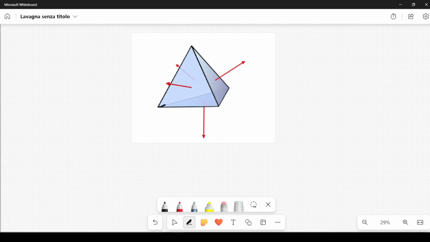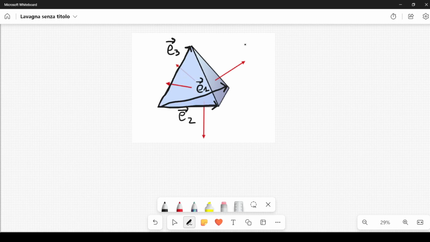For example, this side here is described by this vector e1, then this other side is described by the vector e2, and then I have e3, which is this side here, in these directions. And for example, the mode of e3 is equal to the length of this edge, this side here, and so on for e2 and e1.